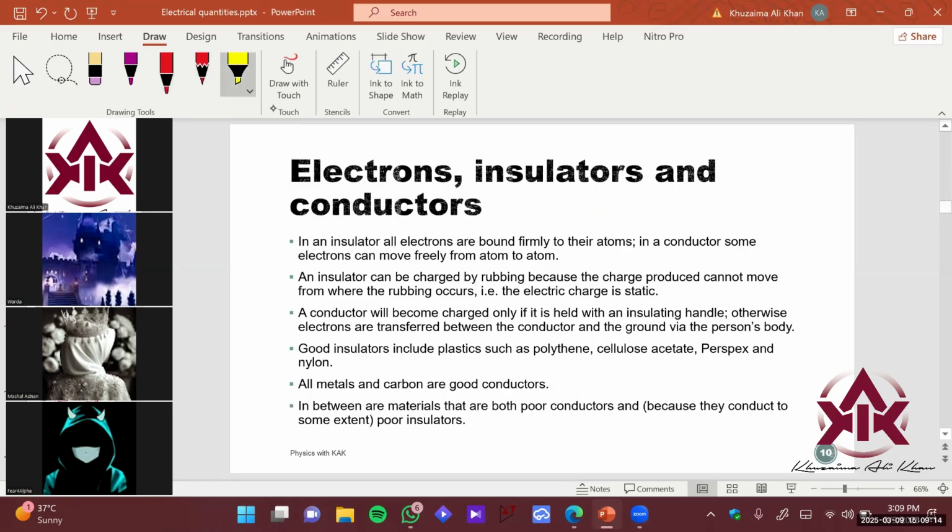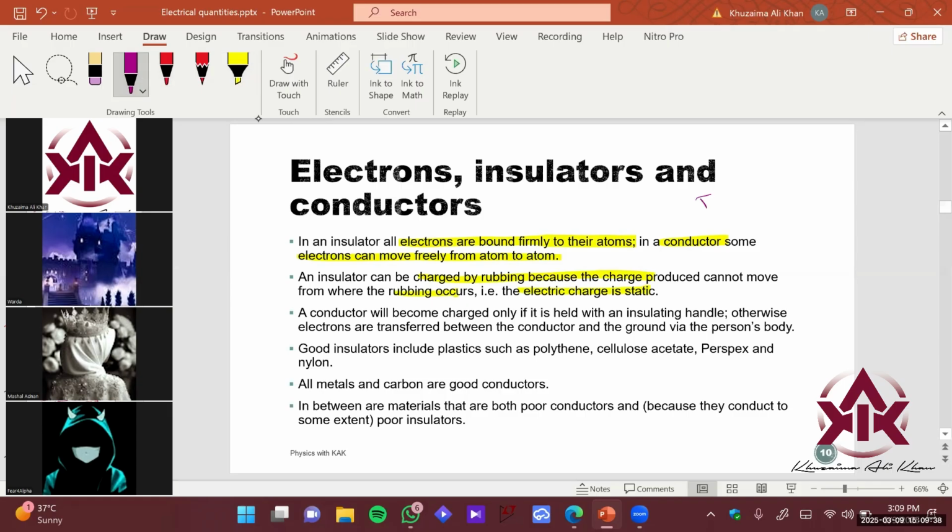So let's quickly recall what we had discussed till now. In an insulator, all electrons are bound firmly to their atom. In a conductor, some electrons can move freely. An insulator can be charged by rubbing because the charge produced cannot move from where the rubbing occurs. Therefore, the charge is static over here.